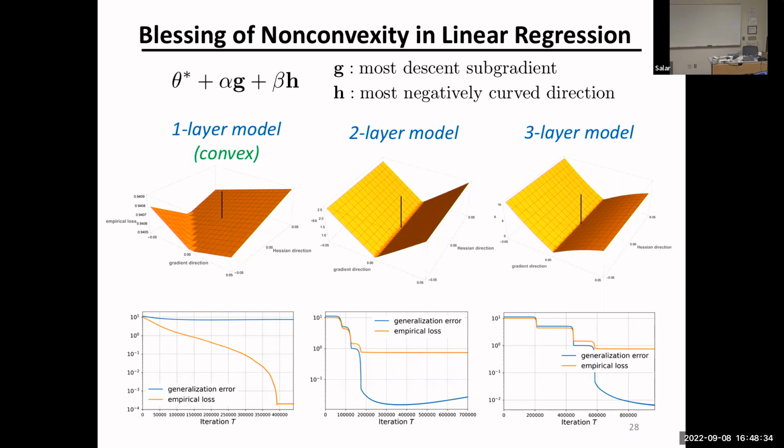Question? Why does one layer model fail? Well, you have theta star is sparse. That's the assumption. You have outlier noise. You can overfit. We're not imposing any sparsity structure on theta. So the one layer solution is not sparse.